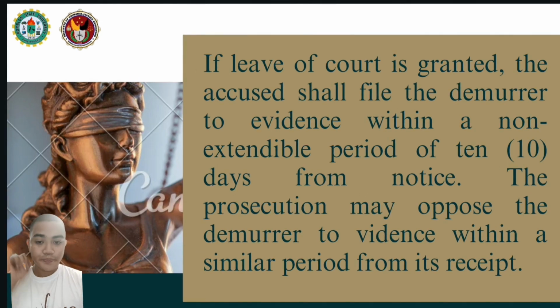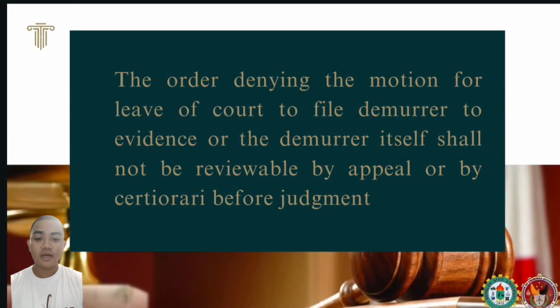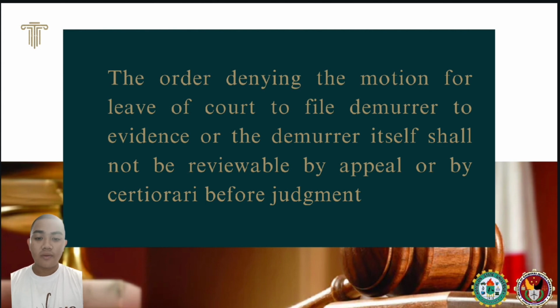And the order denying the motion for leave of court to file demurrer to evidence or the demurrer itself shall not be reviewable by appeal or certiorari before judgment. The decision, whatever the court decides regarding the demurrer, can't be appealed until after a final judgment is made in the case. And that's all about Section 23.